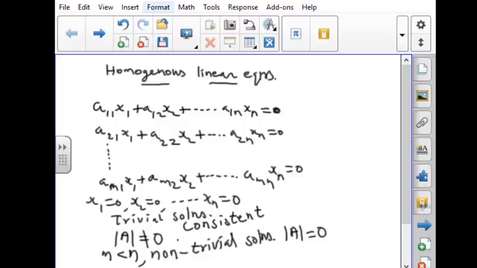Remember that a homogeneous system of linear equations will not have a constant term. Now we will go to the exercise.